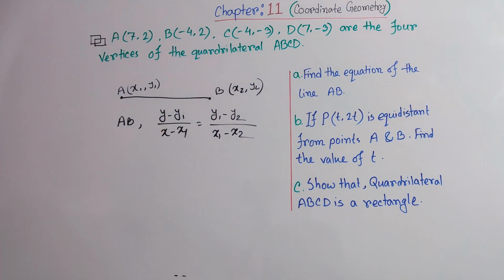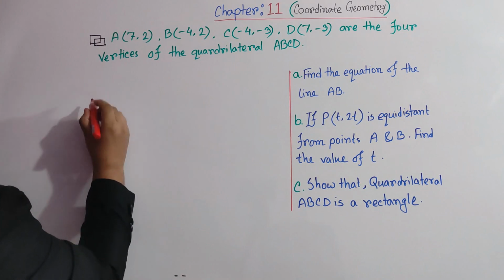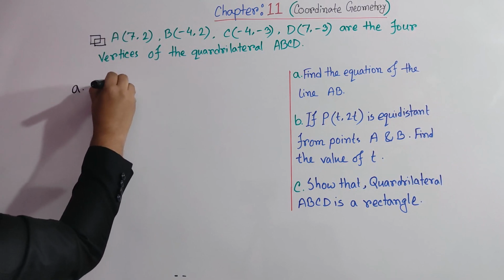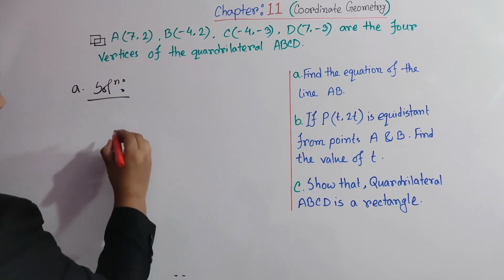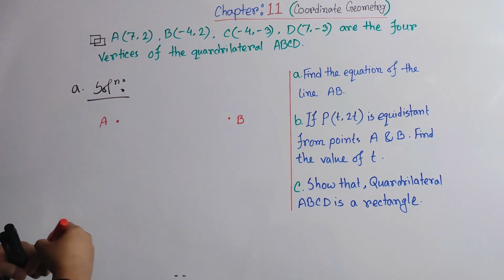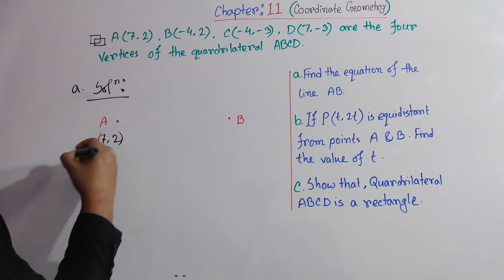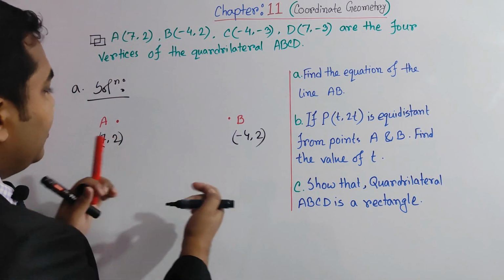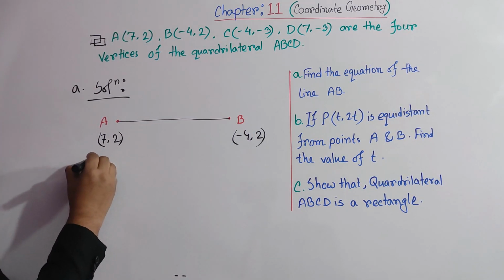Now we are trying to focus on line AB and the solution for part A. Here our two points are A and B. Let us assume that the coordinate of point A is (7, 2) and for B is (minus 4, 2). So what is the equation of the line AB?